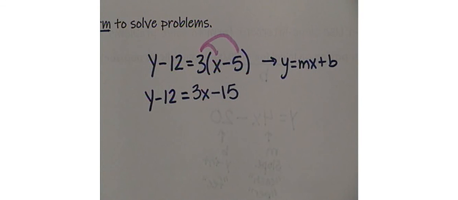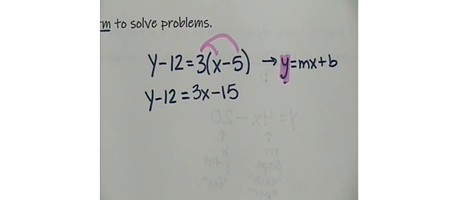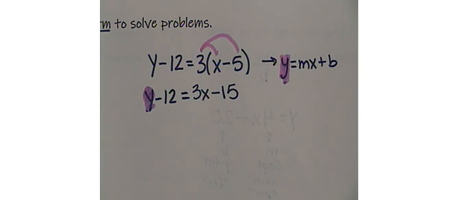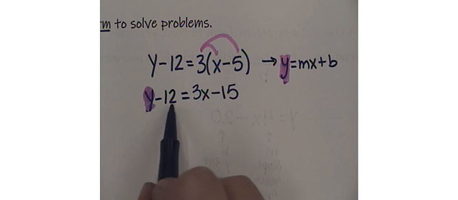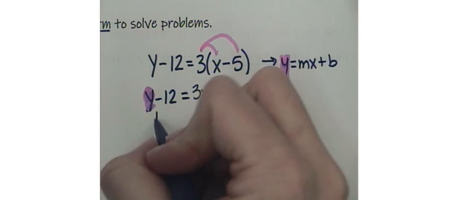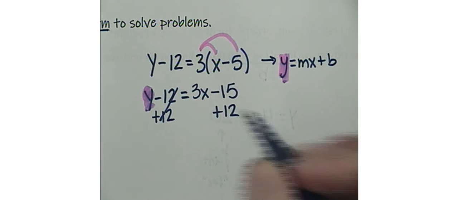Now, in y equals mx plus b, y is all by itself. Is y currently alone here? No, there's a minus 12 here. So how do we get rid of or cancel this minus 12? The opposite is to add 12.